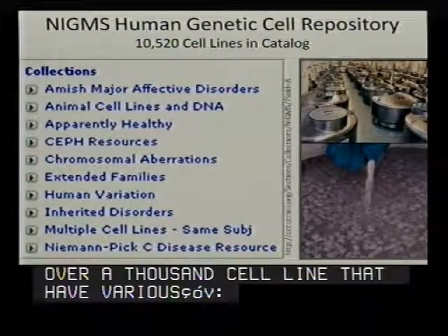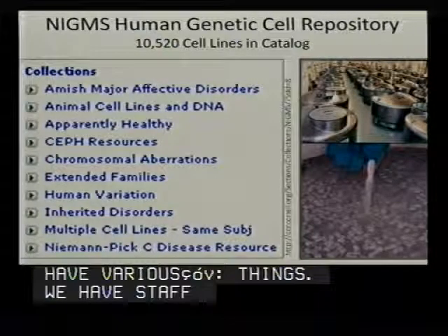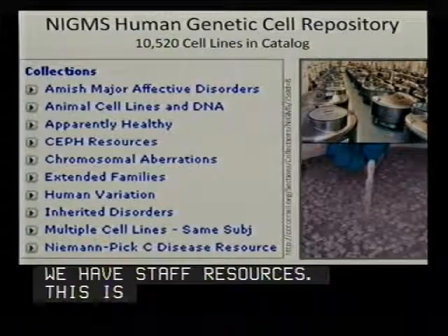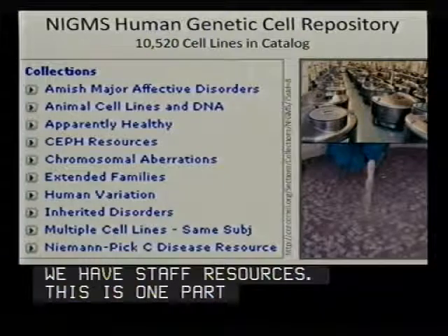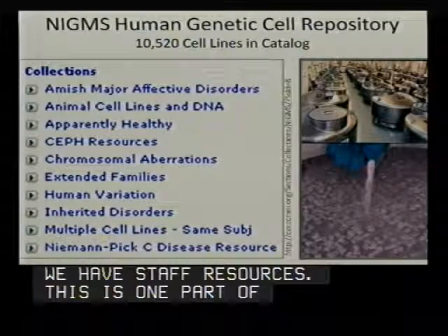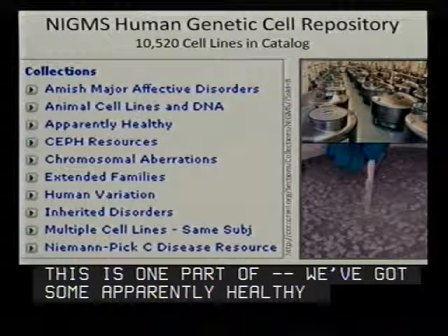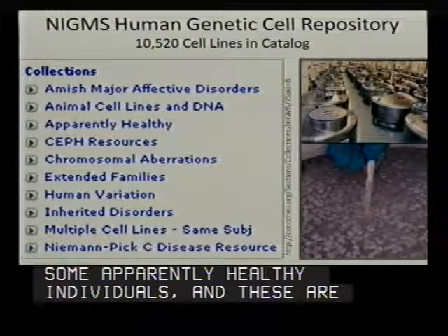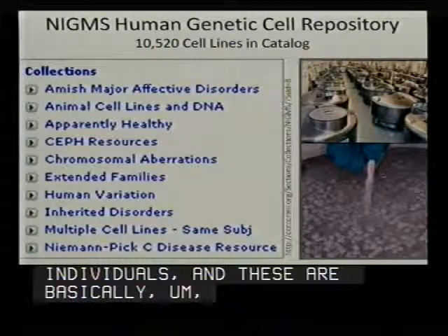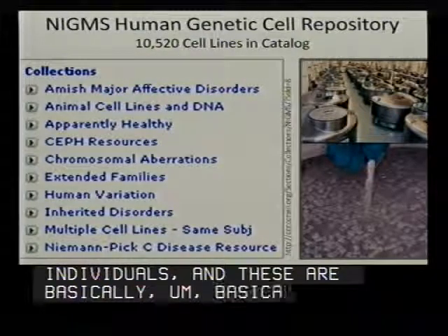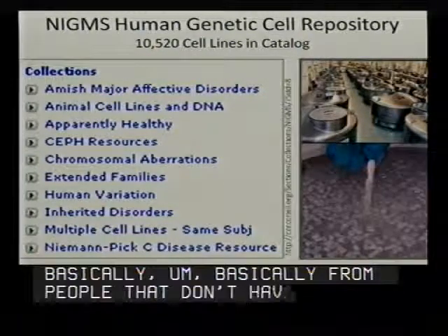This is the one part of HapMap that's still in NIGMS, and the rest is in the NHGRI repository. And we've got some apparently healthy individuals, and these are basically from people that don't have any known disease, and so these cell lines can be used as controls.